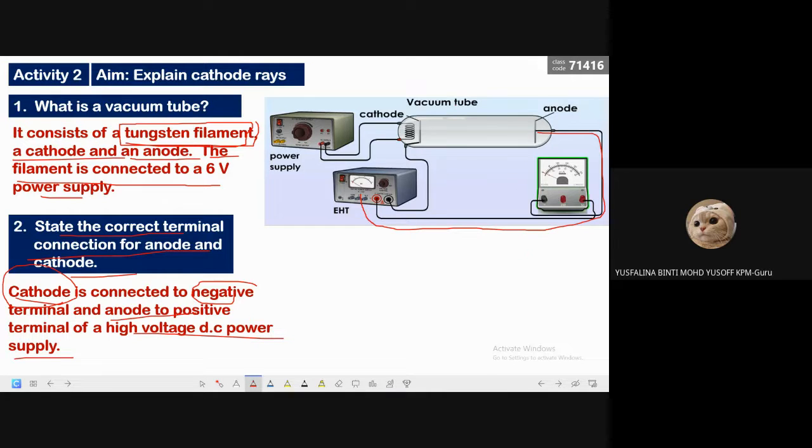So the cathode will be connected to the negative terminal and the anode to the positive terminal. You can see it like this: this is negative, it's connected here, and this one is connected back here.